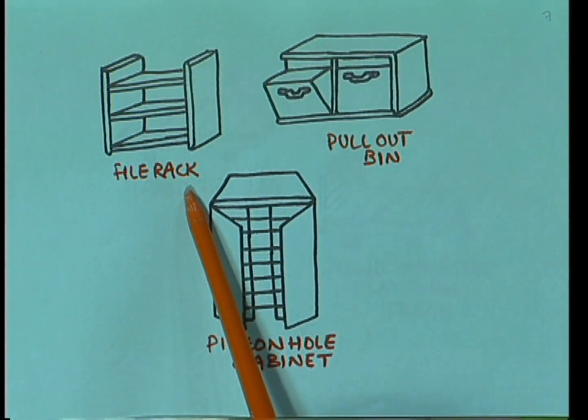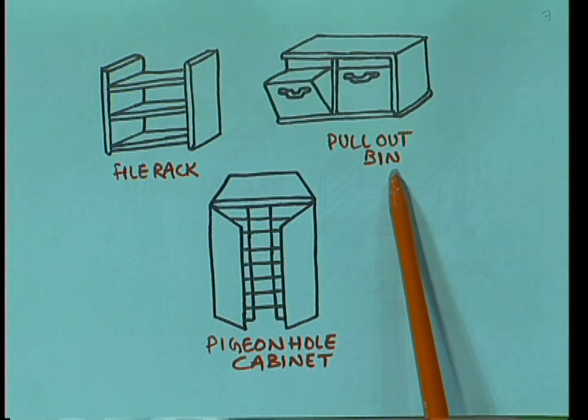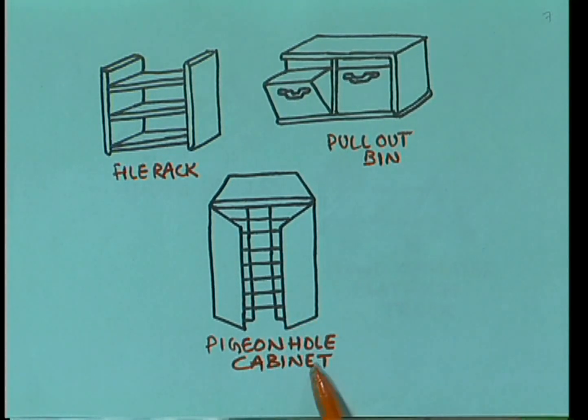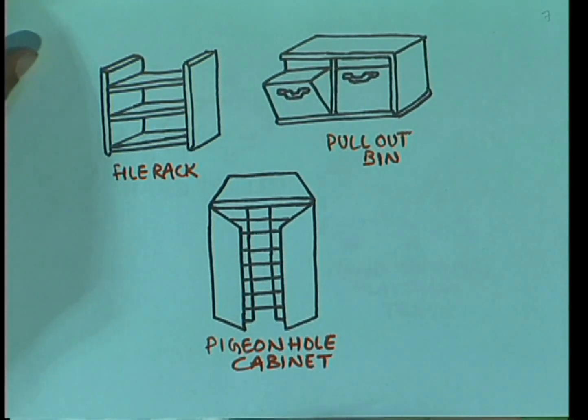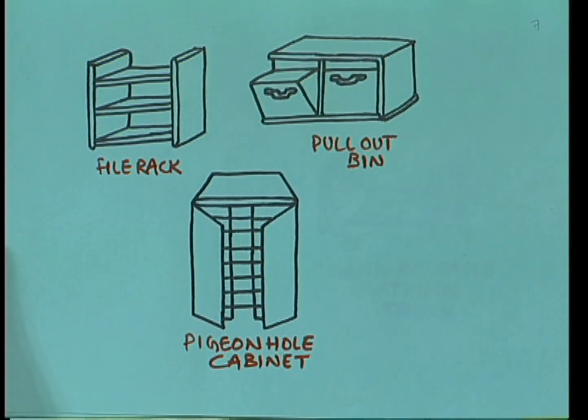We will put the files here, whatever the purchasing orders, issue, requisition, etc. Number of stores records will be put, and small items will be put in bins and closed, and still smaller items we can keep in pigeonhole cabinets. Like that we have some other different things here for effective handling of the material.